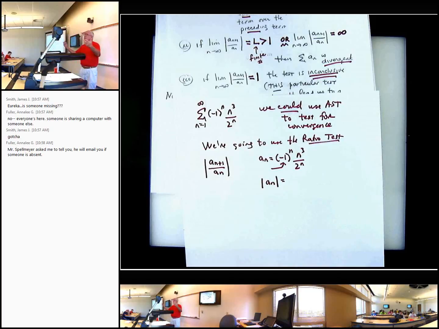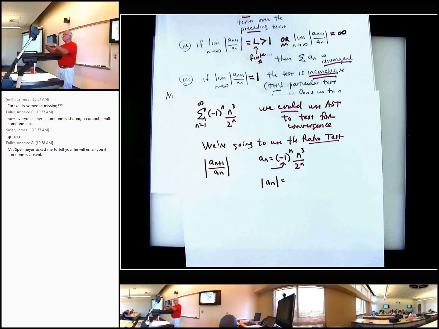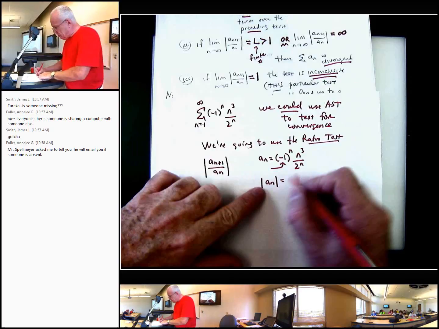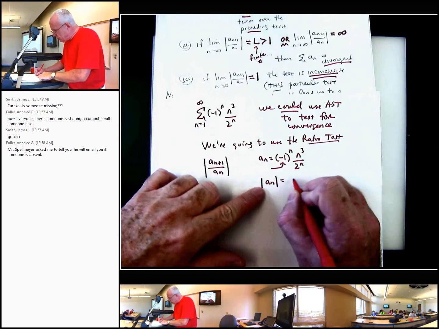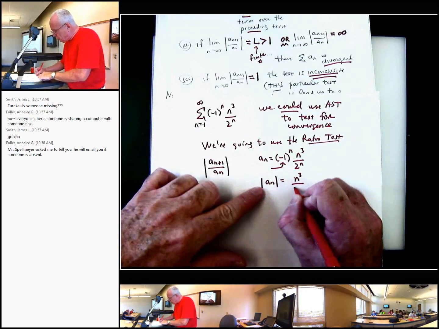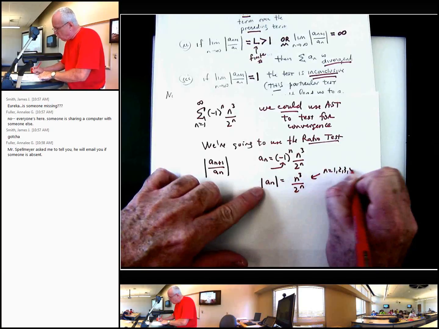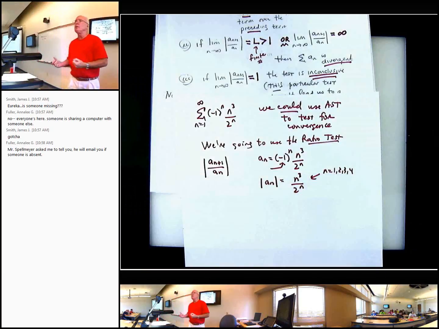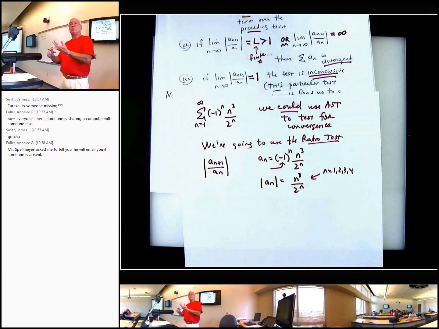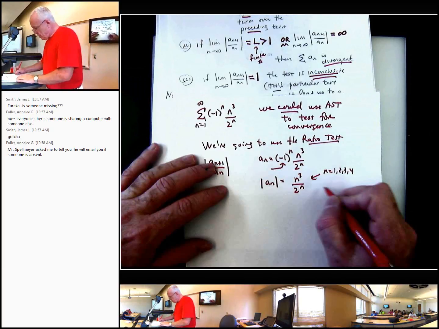So for absolute value purposes here, I can ignore that (-1)^n. It's always going to be, for absolute value, equal to 1. So basically, the absolute value of a sub n is going to be n^3 over 2^n. Remember, these n's are 1, 2, 3, 4, etc. They're all positive numbers, so n^3 is going to be a positive number, and 2^n is also going to be a positive number. So this is positive.